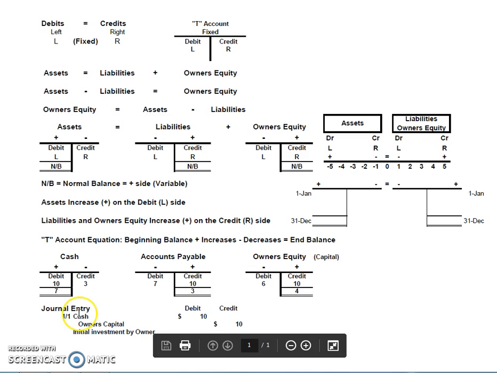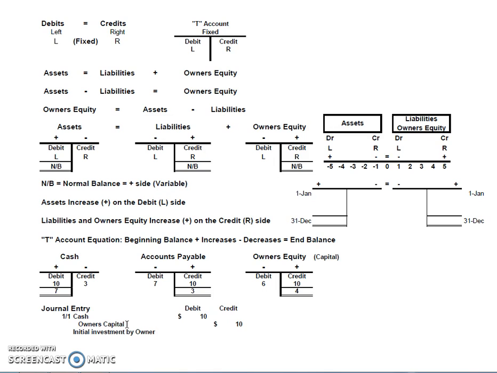Debits always go first, so it's here on the debit side, and owner's capital, which is the credit, goes next. So debits always go first, credits always go last, and then we put an explanation at the bottom. Hopefully this T account will help you to understand your balance sheet for Chapter 2.